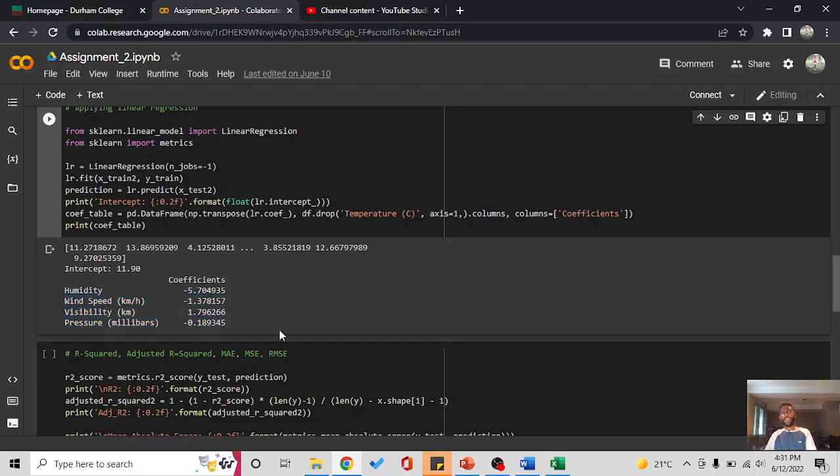We should go ahead with linear regression only if we see that our dependent variable has a fair amount of correlation with the independent variables. That's another reason. If this model had to be improved, we might want to remove these 3 columns, and if we build the model only on humidity, it would perform better.